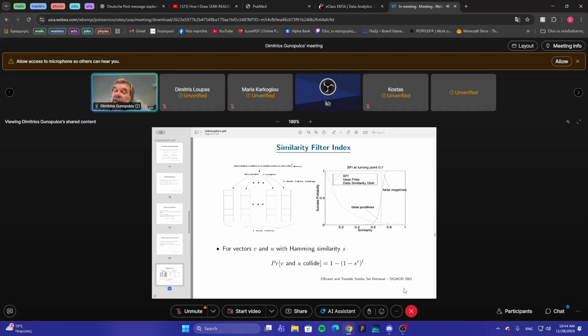Now, we are going to use a mechanism which is called locally sensitive hashing. And what is the basic idea? As you know, hashing is a technique that can tell you quickly if something appears in a set.